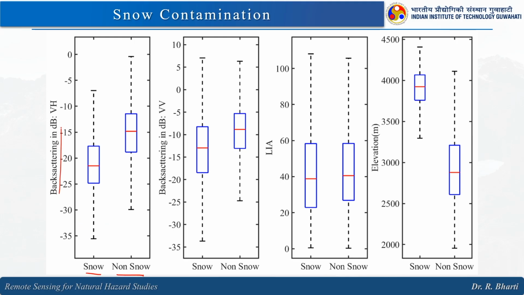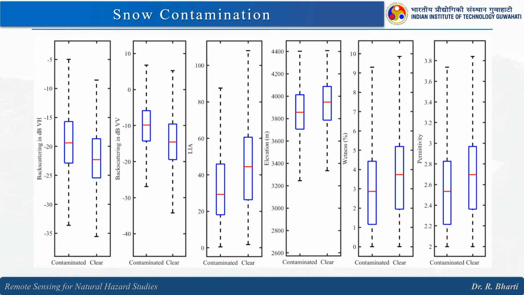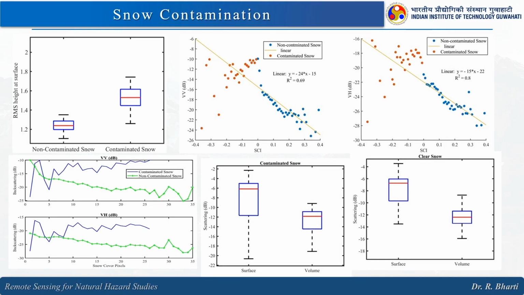So, how the backscattering values are changing. These statistical analyses have been performed to finally arrive at a decision on how the backscattering coefficient can be used in identifying the contaminated and non-contaminated snow.